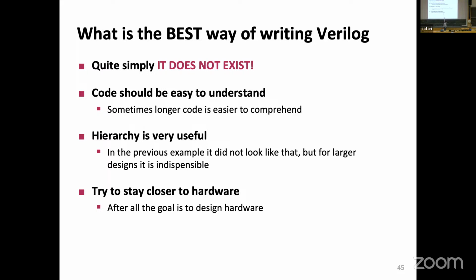Code should be easy to understand. It's not necessarily that I want to save wire names. There's nothing wrong with them. They are physical wires. You can have as many as you want. It's not like we are wasting things. It's not about writing the shortest possible thing, because the shortest possible code doesn't necessarily result in the smallest, fastest, nicest circuit.